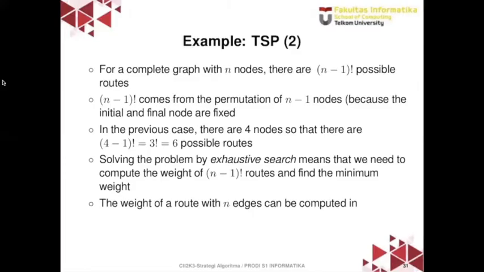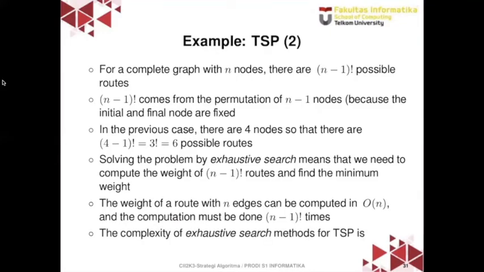The weight of the route with n edges can be computed in big O(n), and the computation must be done (n minus 1) factorial times, such that the complexity of exhaustive search methods for TSP is big O(n times n factorial), because here we have (n minus 1) factorial possibilities where each possibility must be computed in big O(n). So we just need to multiply them.